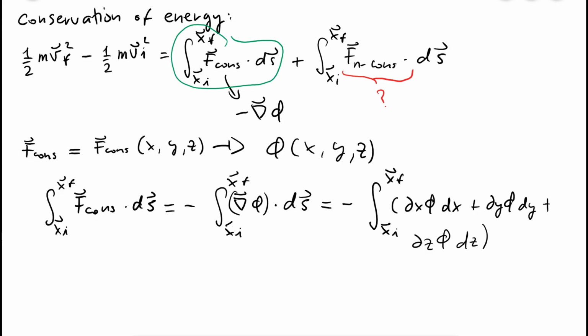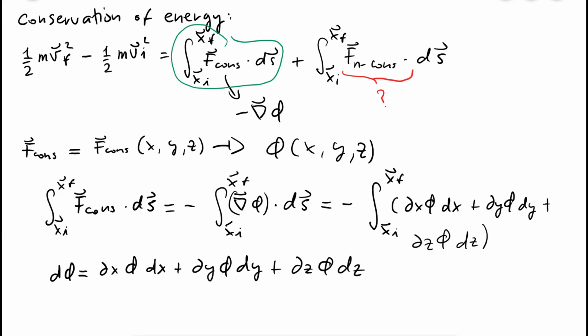Now you say, well, what does this have to do with anything? Remember that we said that the absolute derivative of a function can be written as the partial derivative with respect to x of the function times dx, plus the partial derivative with respect to y of the function dy, plus the partial derivative with respect to z of the function dz. So this is what you call an absolute differential.